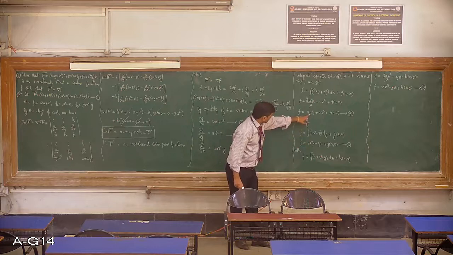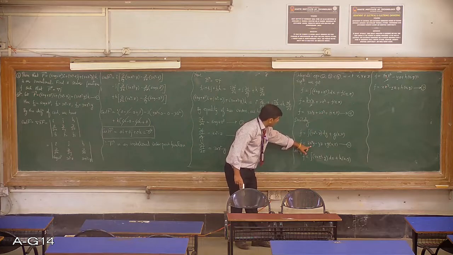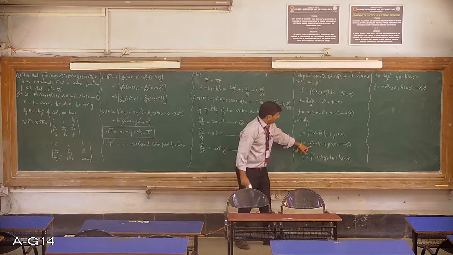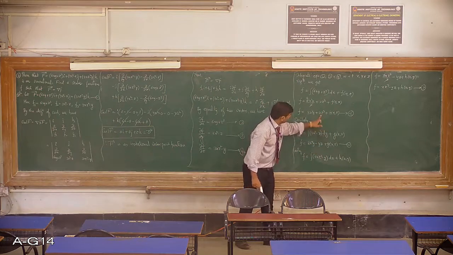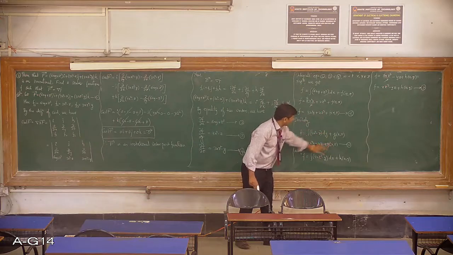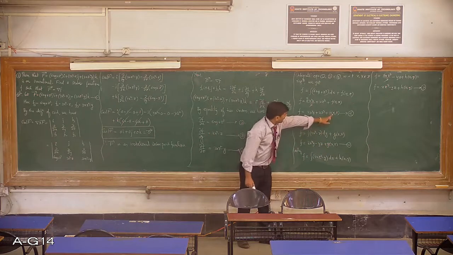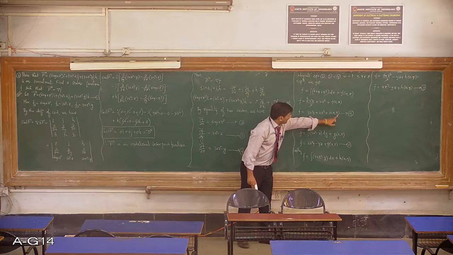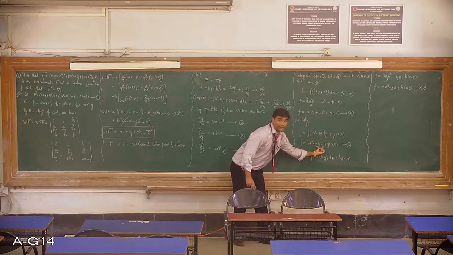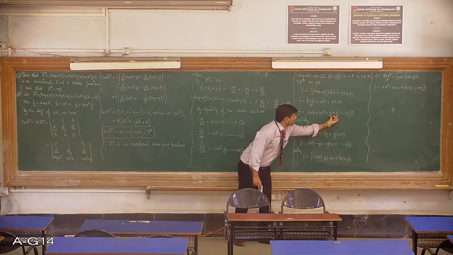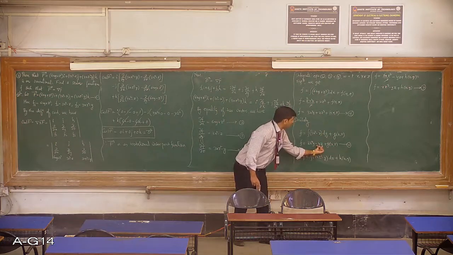You can see 3x square y is there in both. Now you can see, here minus yz is there, but in equation 5 it is not there. Here plus x z cube is there, but here it is not there. Now you can compare these two. That means f of y comma z is a function of y and z, and here too there is a function of y and z. So we can compare this f of y comma z with this, and we'll get this much.